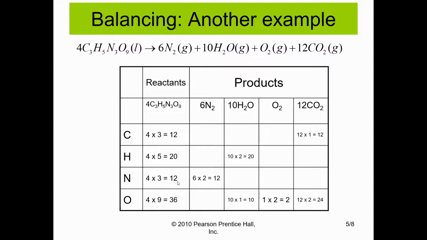And then finally we get to oxygen. Now oxygen is going to be a little bit more complicated. We have 10 oxygens from the H2O, we have 2 oxygens from the O2, and we have 24 oxygens from the CO2. So these add up total to get 36 oxygens, which match the 36 oxygens in the reactants. This equation we can say is balanced.